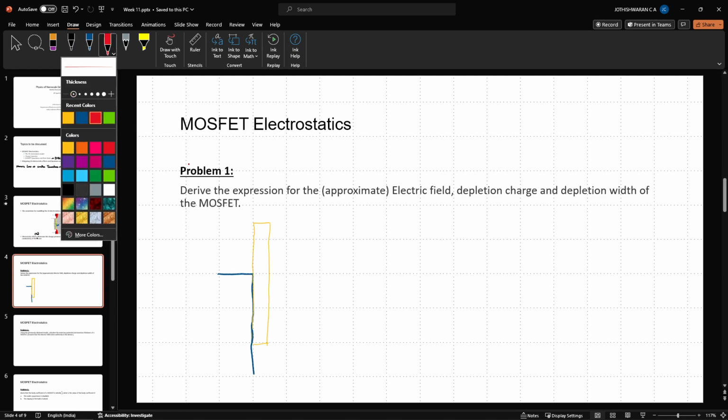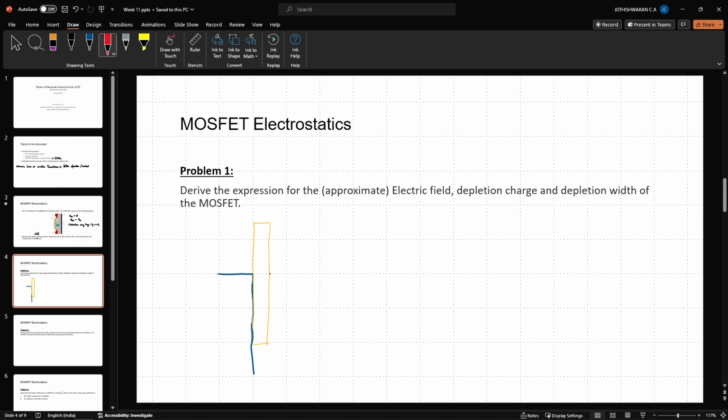Then we have our semiconductor itself, where the Fermi level is over here, and we are considering an NMOSFET, which implies the substrate is p-type.